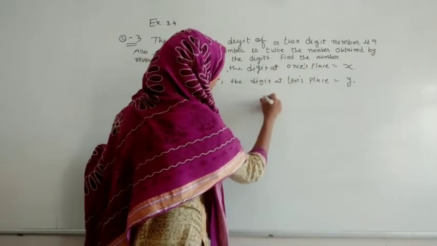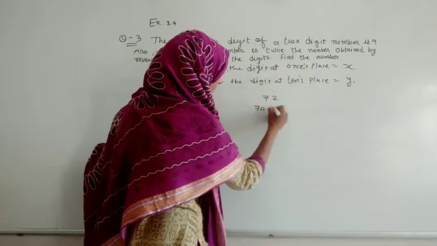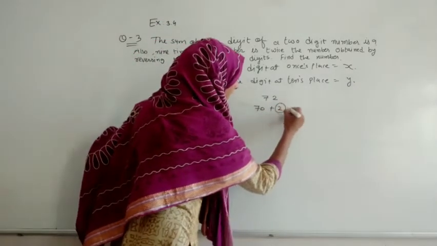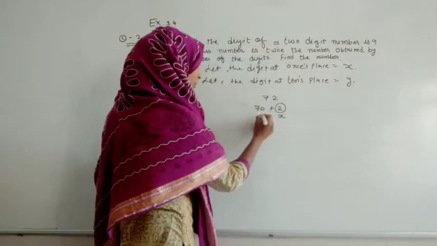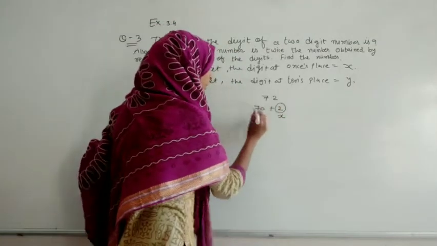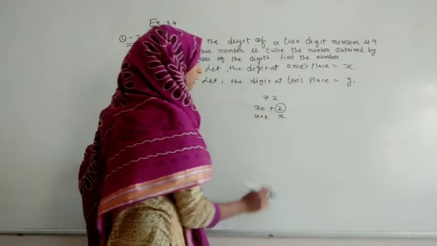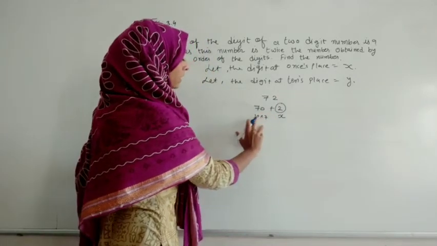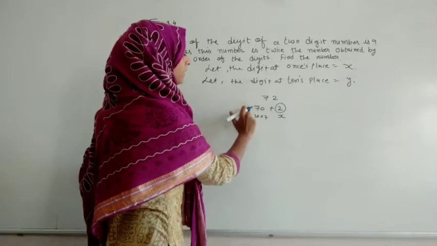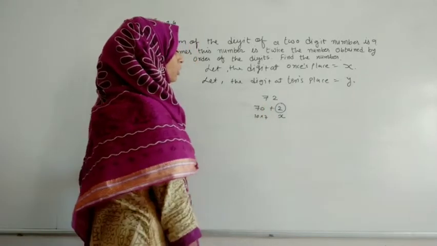So if it is 72, it is in the form of 70 plus 2. So here we can write this one as x, but for y we have to write it in the form of 10y because 10 is always multiplying over there. Because it is 10 into 7, then only 70 will form, and 70 plus 2, then only 72 will form.